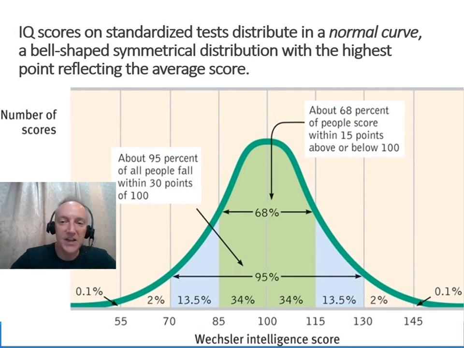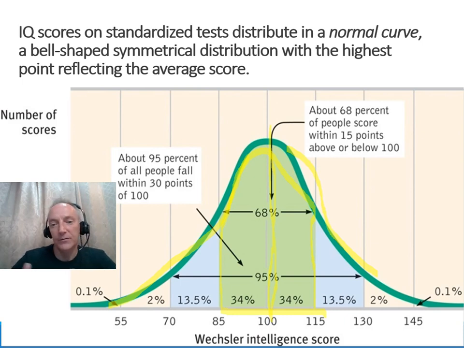When we have a standardized IQ test, the IQ scores distribute in what is known as the bell-shaped or the normal curve. So again, 100 is our average IQ, and there's an equal number of people who score less than 100 as more than 100. If you imagine the area under the curve, it represents people who obtain that score.